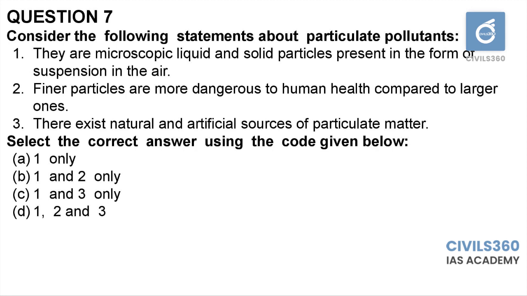And smaller the particulate matter, more dangerous it is, because the smaller particles can go through our nostrils and get deposited in the lungs and cause various respiratory issues. And also they can get deposited on the agricultural soil and cause issues to the water flow. Therefore, the answer is option D, 1, 2 and 3. All the given statements regarding particulate matter are right.